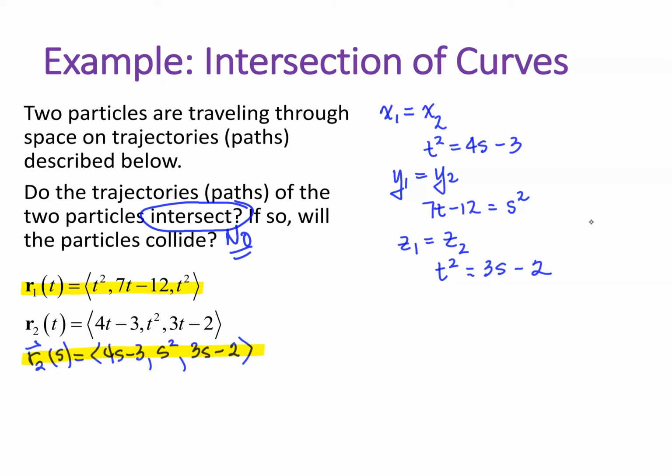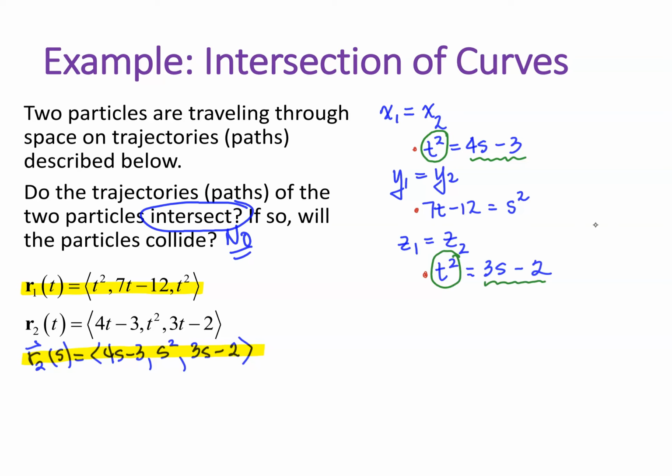Okay, so what we've done is create basically 3 equations that have to be satisfied. We have 2 variables and 3 equations, so we should be able to find the values of s and t. The easiest way is to notice that we have t squared equals some function of s, and t squared equals some other function of s.